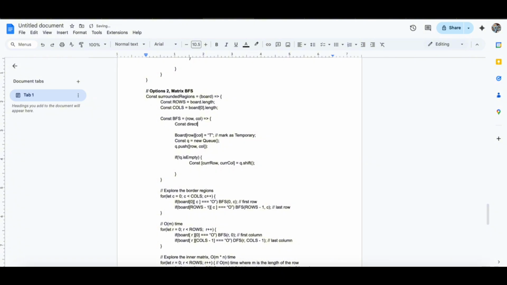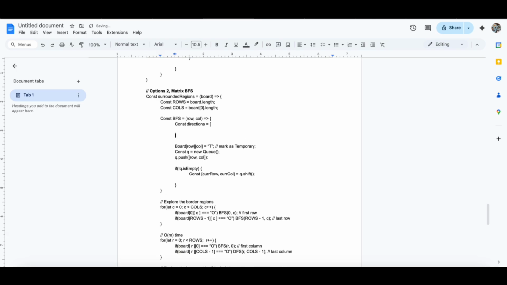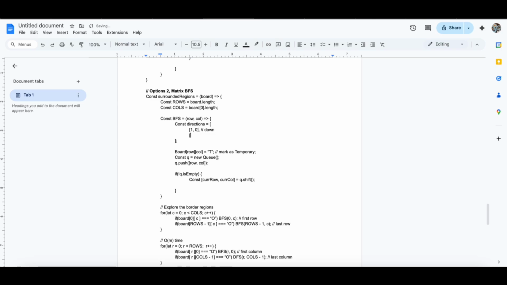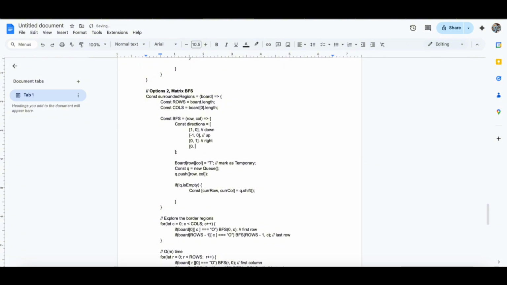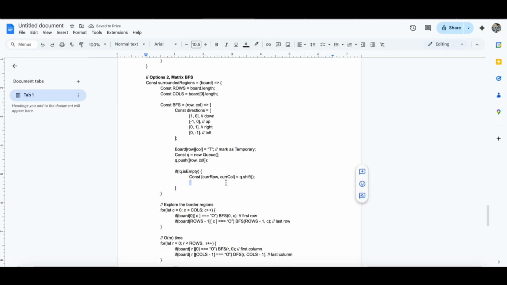Const directions: 1 0, this is down, minus 1 0, this is up, 0 1, this is right, 0 minus 1, this is left. Then we need to loop through the, oh sorry, this is not if, it should be while loop.